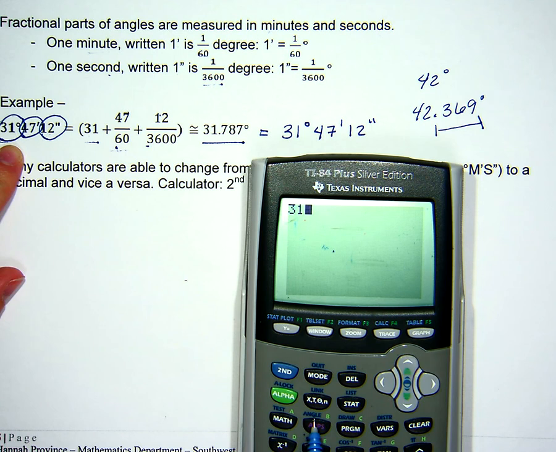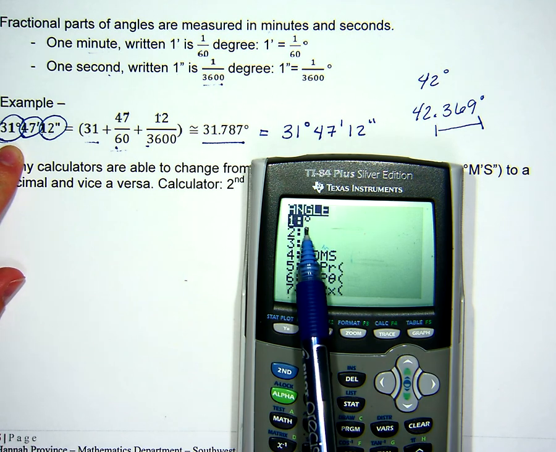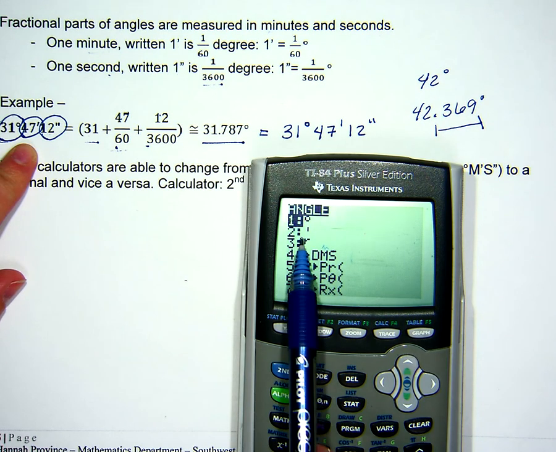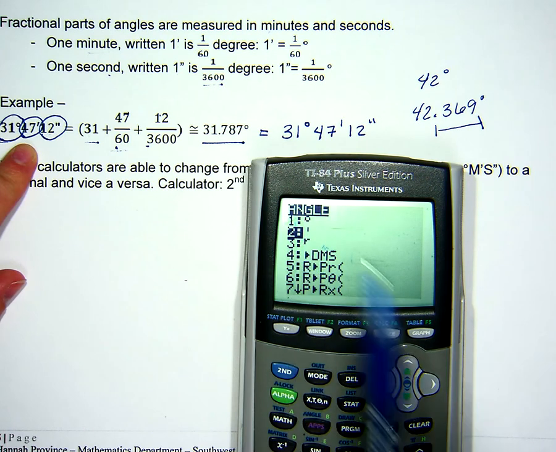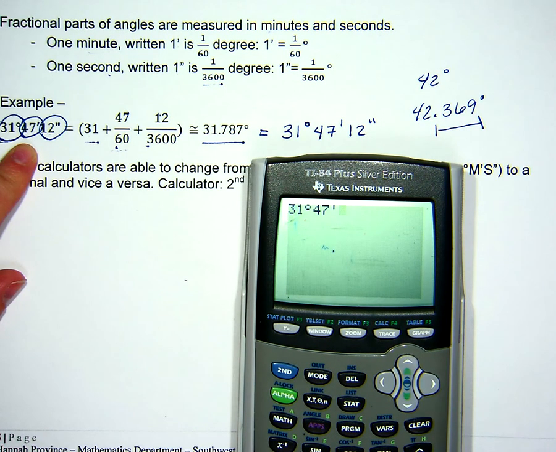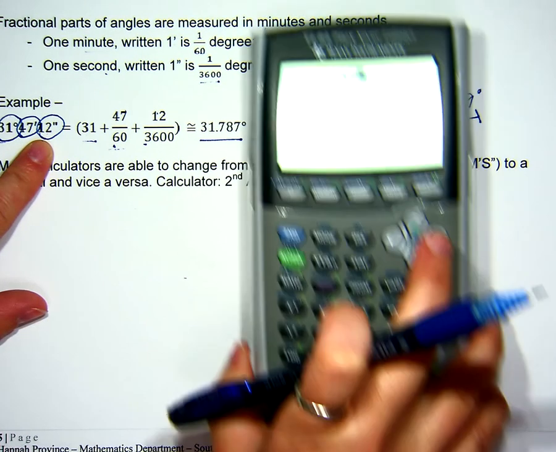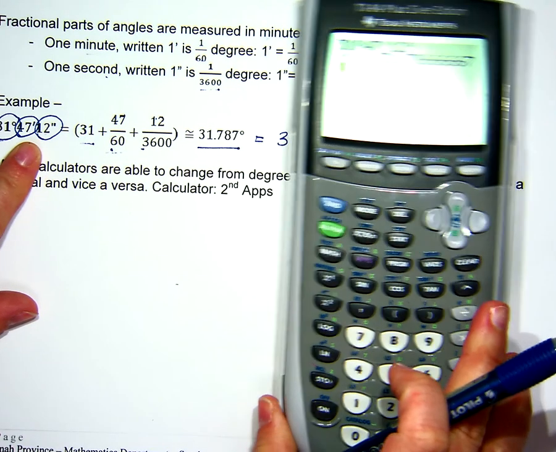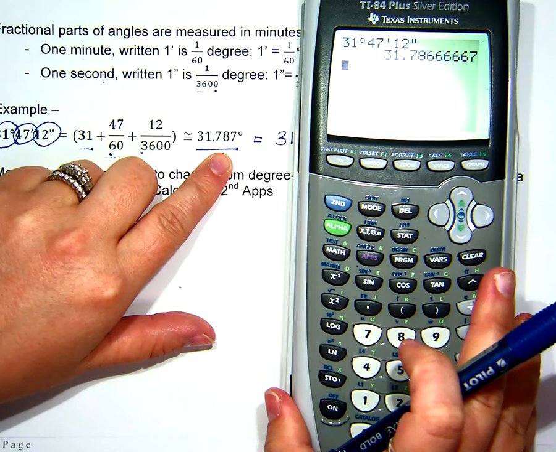So after hitting second, APPS, which is angle, the very first choice is degree, so I hit enter: 31 degrees. Now I want 47, so again second, angle, my first hash mark, 47, and then I need the 12. To get the double quote, it's right above the plus sign, so I have to hit alpha with the plus sign. I'll hit enter, and that shows me the exact decimal.